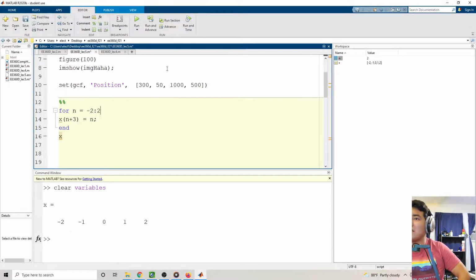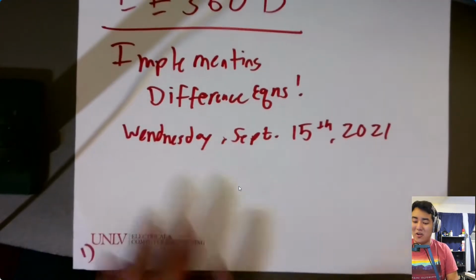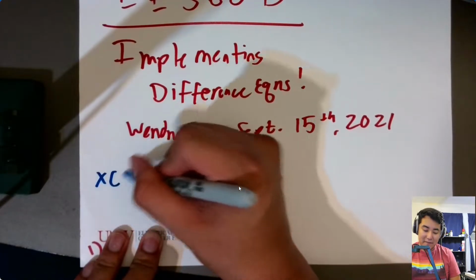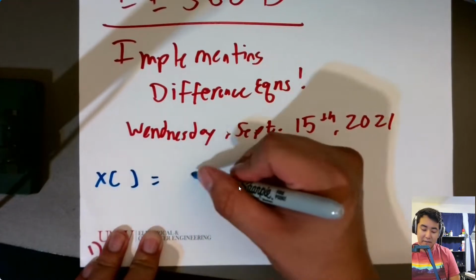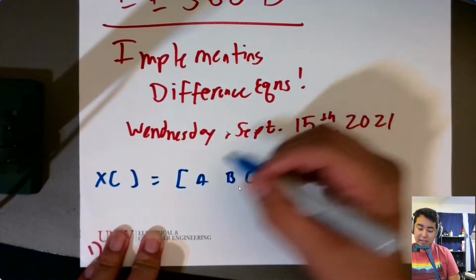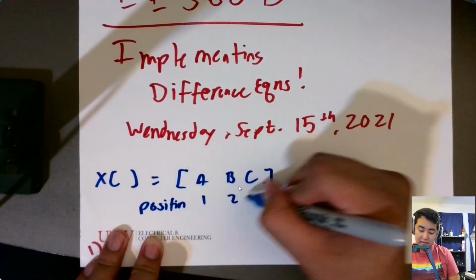So actually, before I talk about that, let's talk about this. In MATLAB, matrices are all implemented where if I had x of something, it's going to give me a matrix like A, B, C. So just 3 positions, position 1, 2, 3.